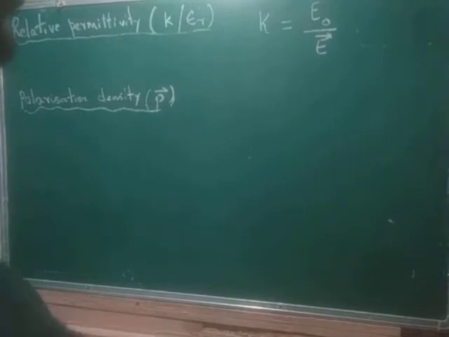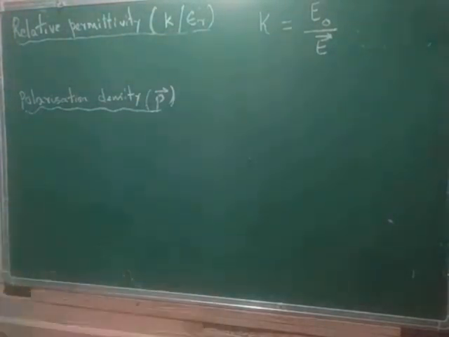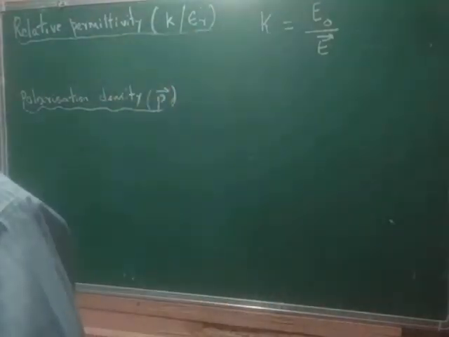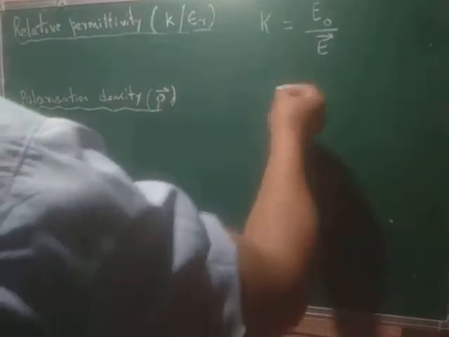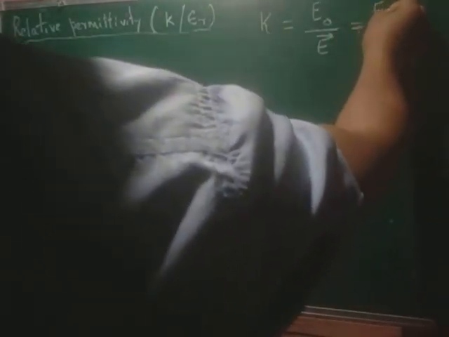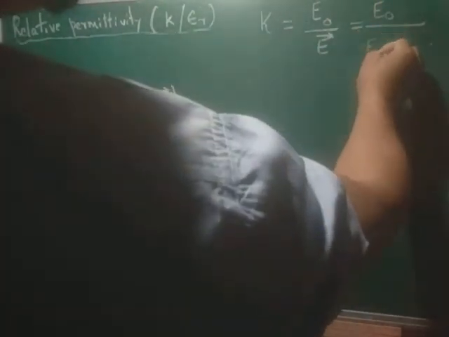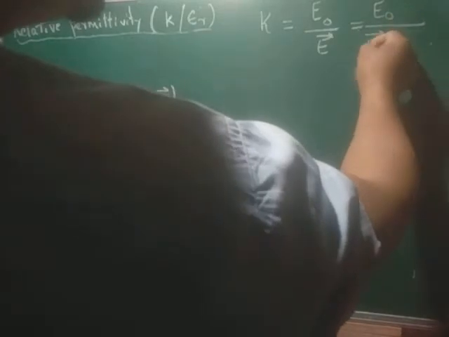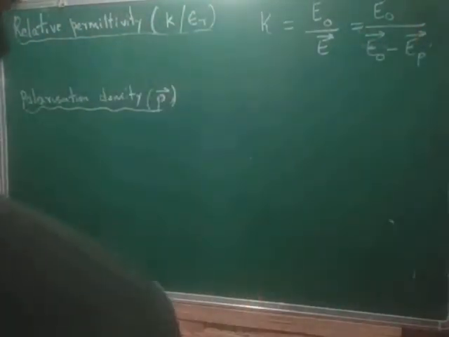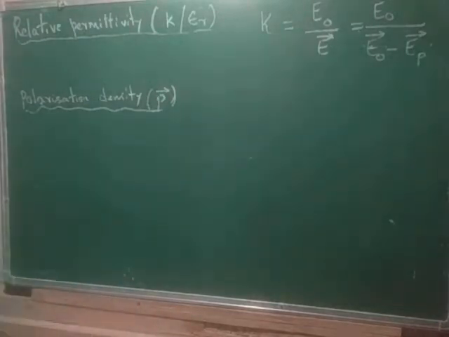I can also say this as E naught upon E, where E is the net field inside, so it is actually the difference between the applied field and the induced field inside the dielectric. So this becomes the new formula for the relative permittivity.